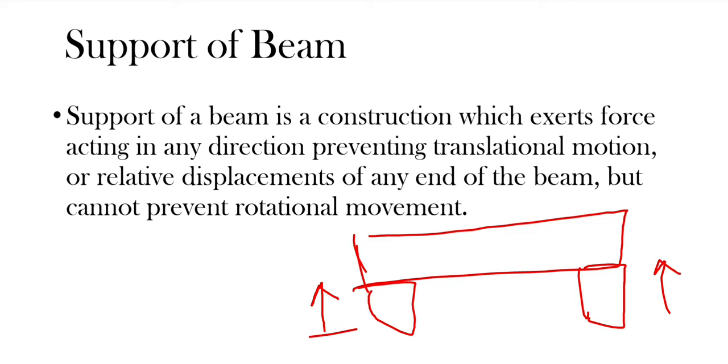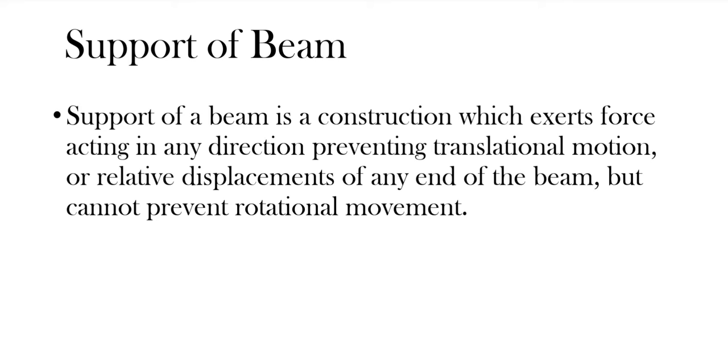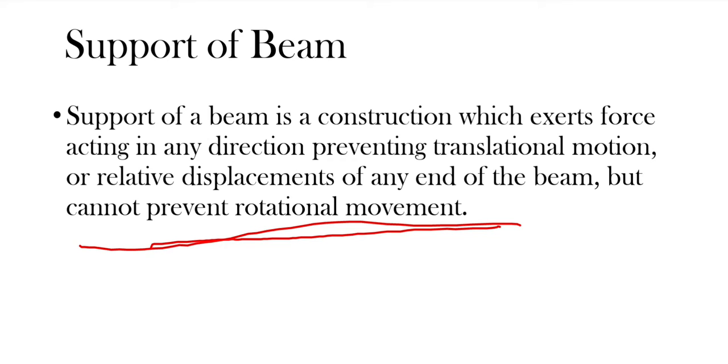These are the forces exerted by the supports, and these two supports don't allow any translational motion or any relative displacements, because they are holding the beam. The beam cannot move in this direction, nor downward nor upward. But the supports cannot prevent the rotational motion. A beam can rotate, but how, we will see in the further slides of this lecture.